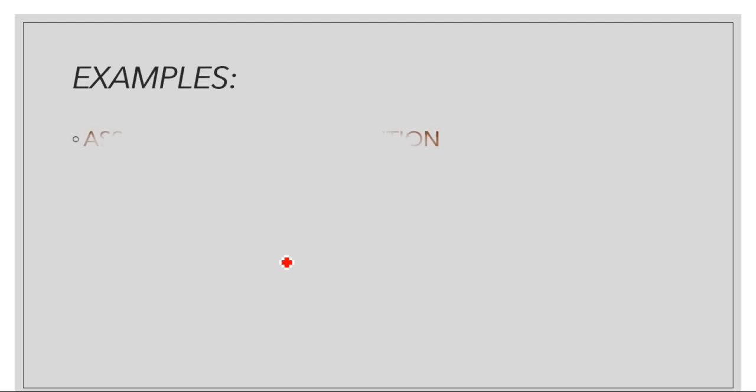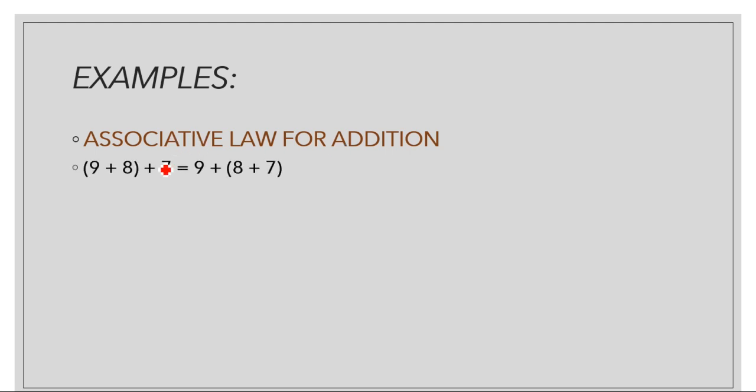Now the examples for associative law for addition. In associative law we have grouped the numbers. So here we have grouped 9 plus 8 and then add 7. And on this side we have grouped 8 plus 7 and then add 9. 12 plus 9 plus 6 and 12 plus 9 plus 6.